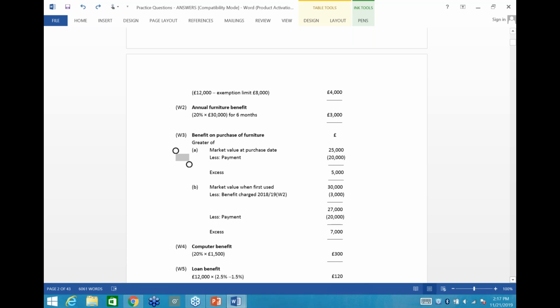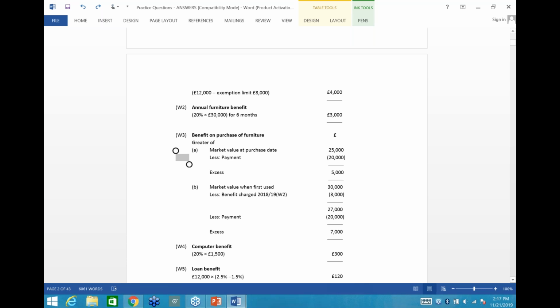Normally, how do we calculate the benefit? The cost of furniture into 20%, that is the annual benefit. But in this instance, these furniture were bought on the 6th of October 2018. Therefore, when you're calculating the annual furniture benefit, you need to time apportion for 6 months only.